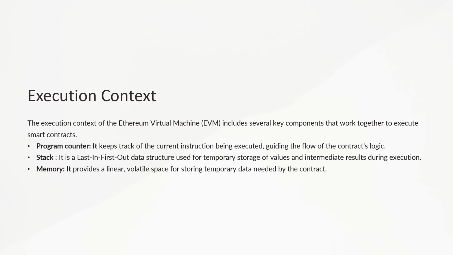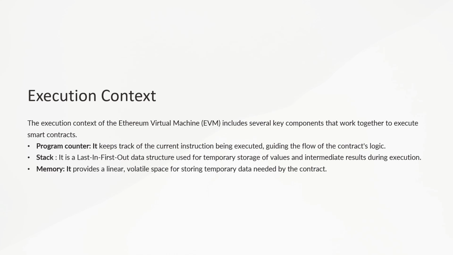The execution context. The execution context of the Ethereum Virtual Machine includes several key components that work together to execute smart contracts. The program counter keeps track of the current instruction being executed, guiding the flow of the contract's logic. The stack is a last in, first out data structure used for temporary storage of values and intermediate results during execution.